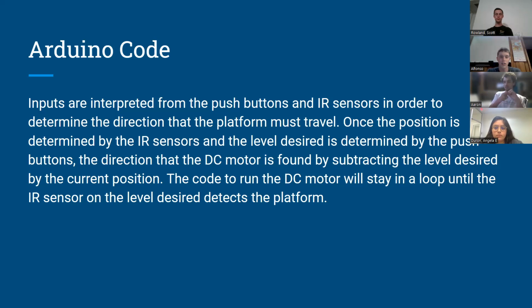Once the position is determined from the IR sensors and the level is desired from the push buttons, the direction of the DC motor is found by subtracting the current position from the level desired, and this indicates the direction of the motor to travel upward or downward. The code to run the DC motor will stay in the loop until the IR sensor on the level desired detects the platform.